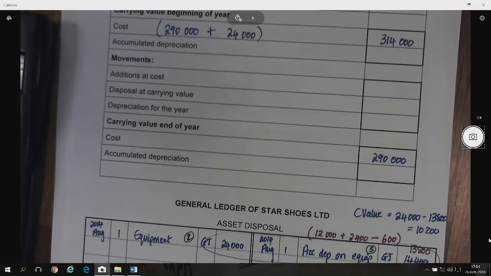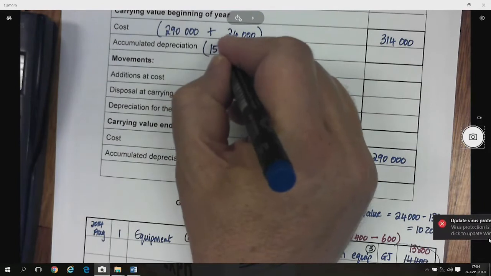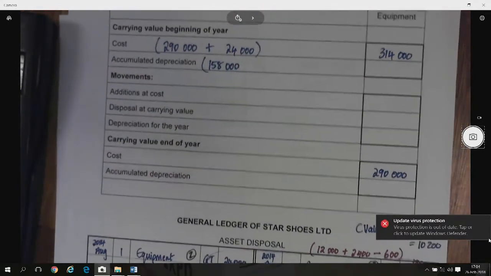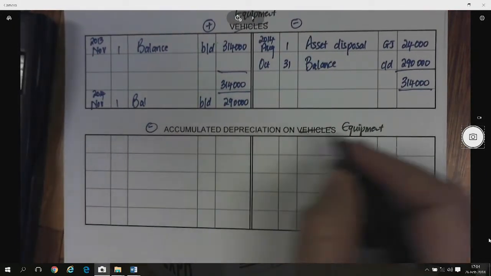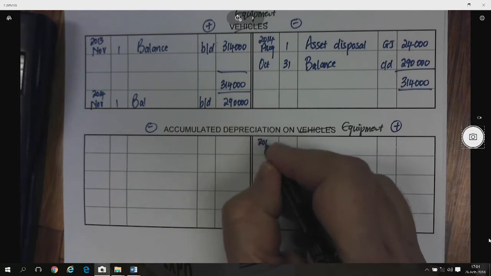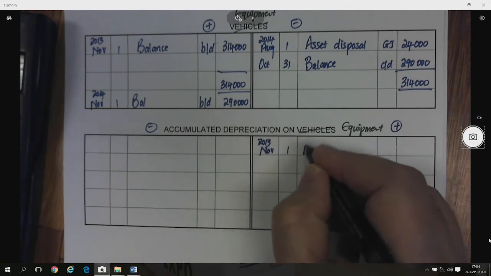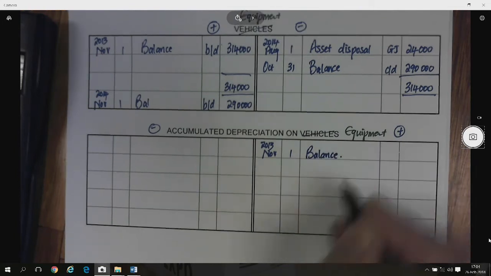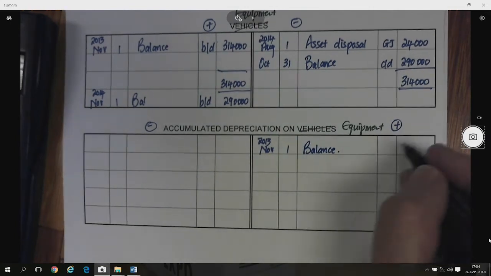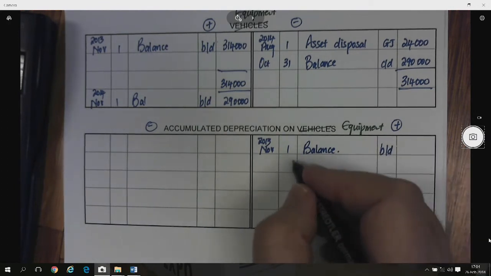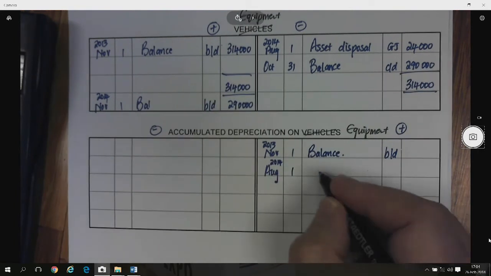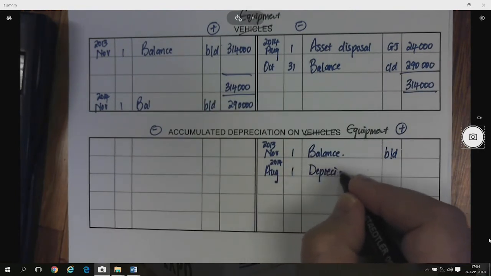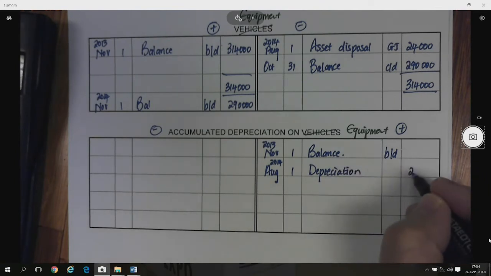The accumulated depreciation one is given as 158,000. Okay, I'm going to do the account quickly. It's a minus plus because it's a negative asset. So 2013, November the 1st, the balance is on the credit side, but we don't know what that balance is. Then they show on August 2014, the 1st, they show depreciation of 2,400 Rand.